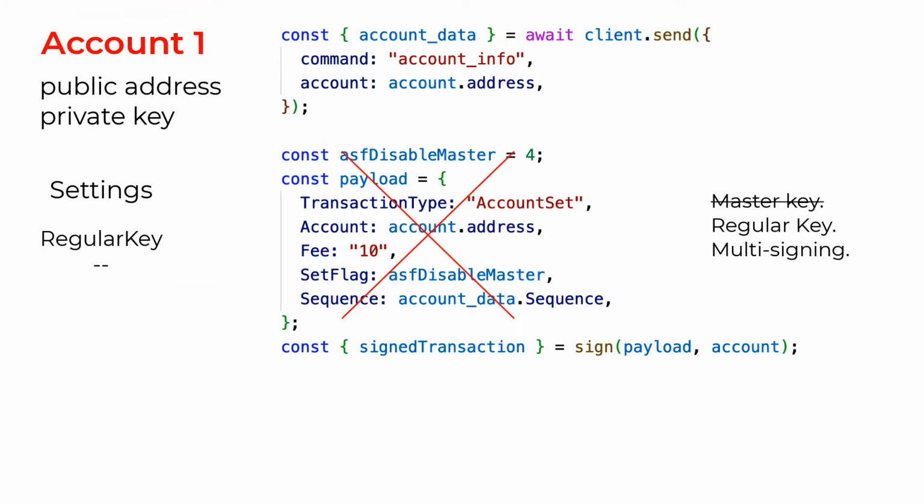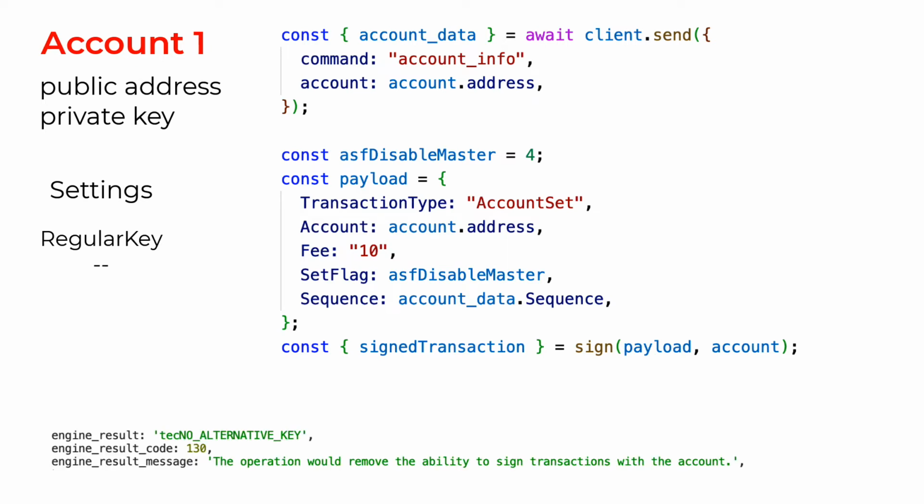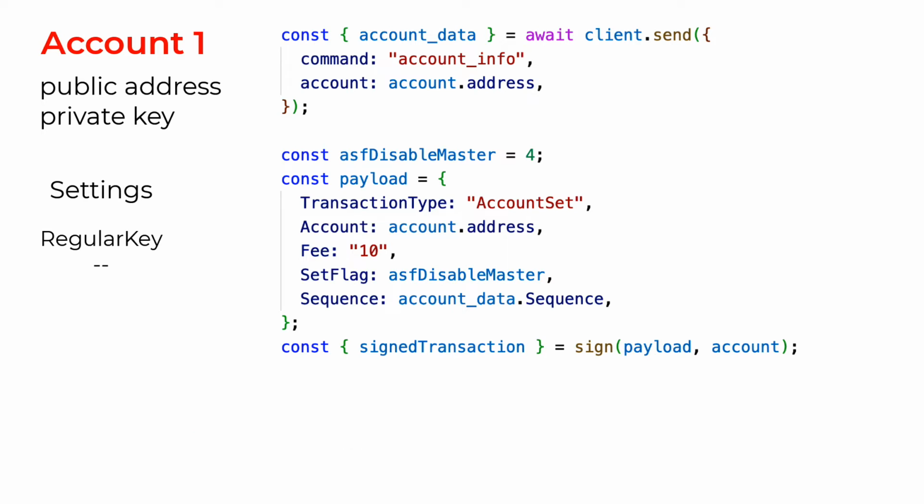You must have the master key, or a regular key set, or multi-signing enabled, or else this AccountSet transaction will fail with the following message: the operation would remove the ability to sign transactions with the account. The code is noAlternateKey, meaning there is no alternate key to sign this transaction, which makes complete sense. This is something to keep in mind.